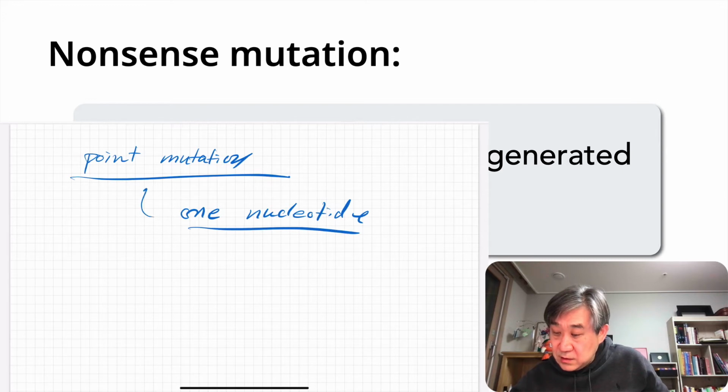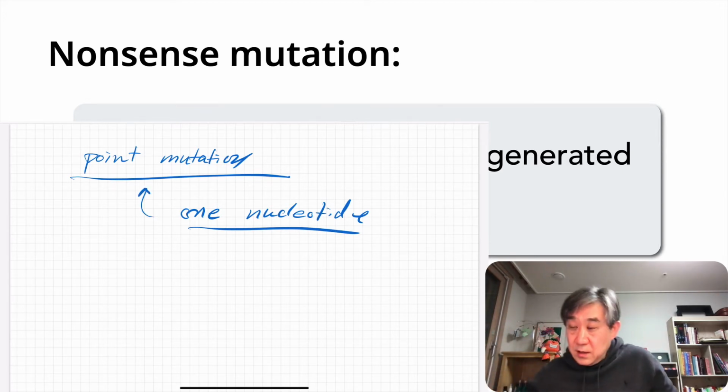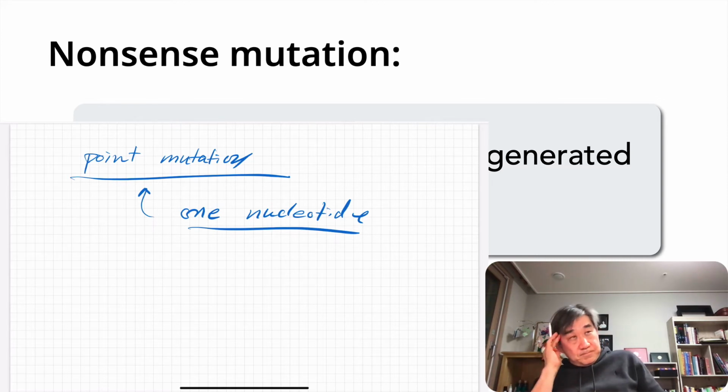In some cases, like 1 or 2 or 3 nucleotides, it is still considered a point mutation. So, the consequence of this frame shift.